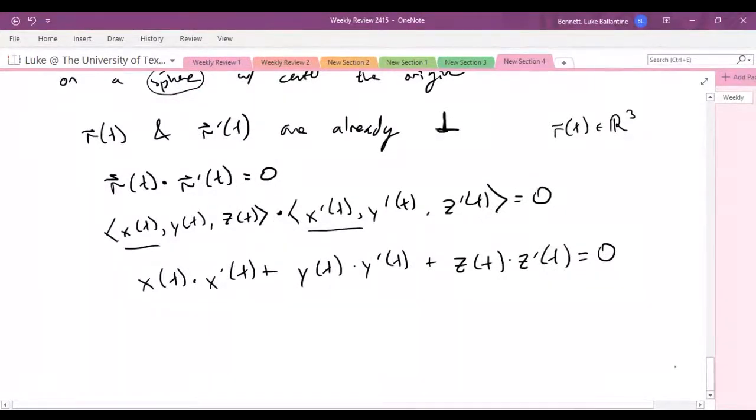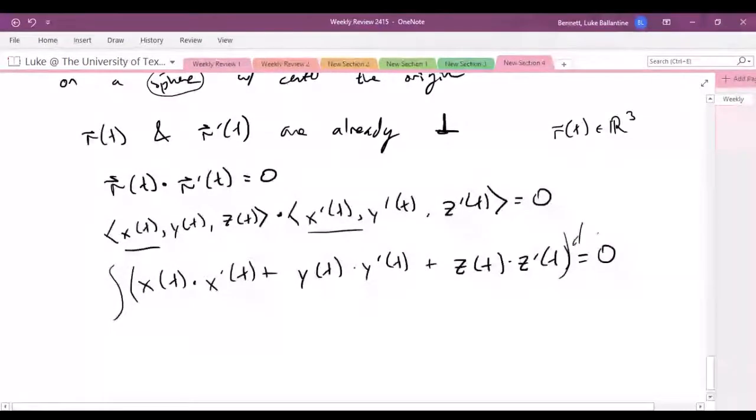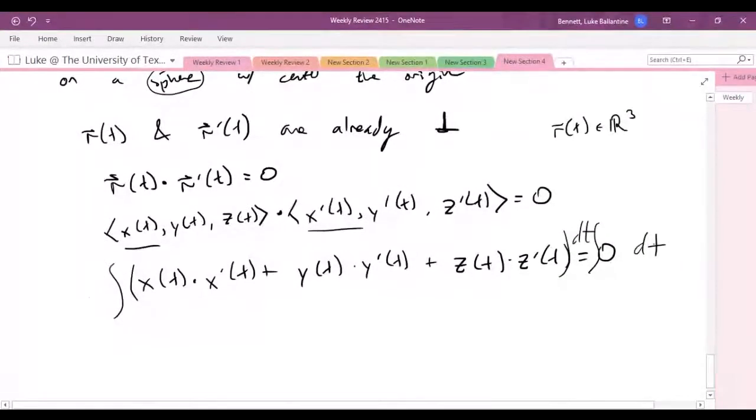Okay, well, now I have a derivative mixed with my position vector equations. So I want to integrate. I'm going to integrate the left-hand side and the right-hand side of this equation, with respect to t on both sides.